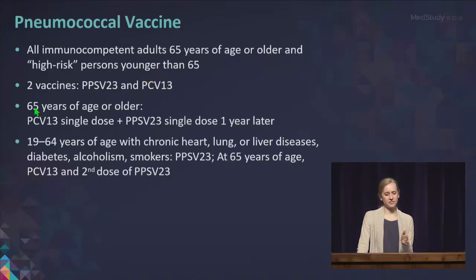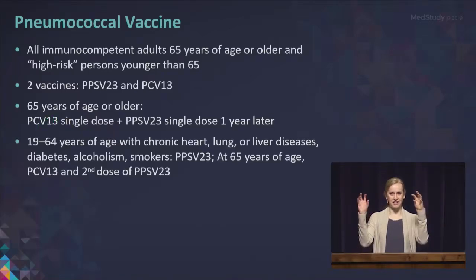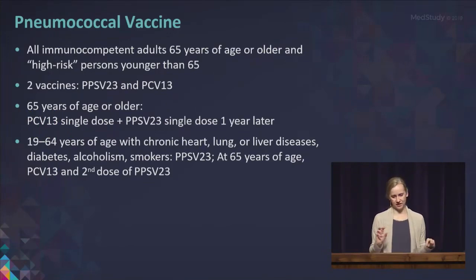So if you're 65 years of age or older and an average risk person, then you're going to get the PCV13, and then 1 year later, you get the PPSV23, and then you're done, okay? Now, the PPSV23 and the PCV13 each have specific risk factors that would cause you to give them earlier, all right?